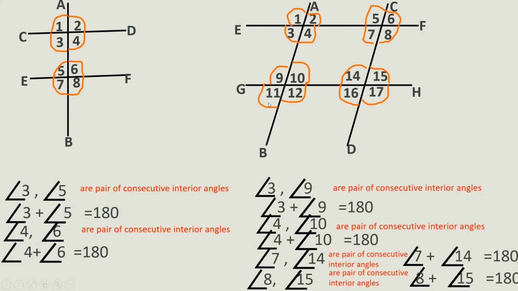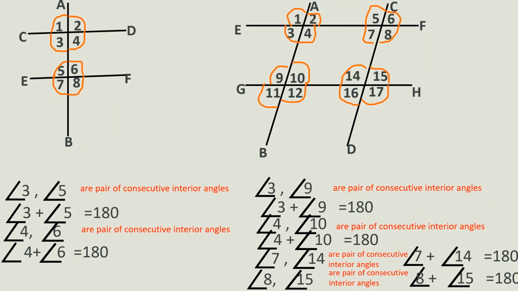Here, let's see the pair of consecutive interior angles. Here, angle 3 and angle 9 are a pair of consecutive interior angles because they are inside the parallel line and on the same side of the transversal line, and they will give us 180 degrees if you add them together.